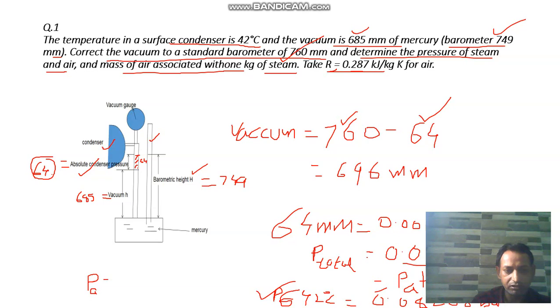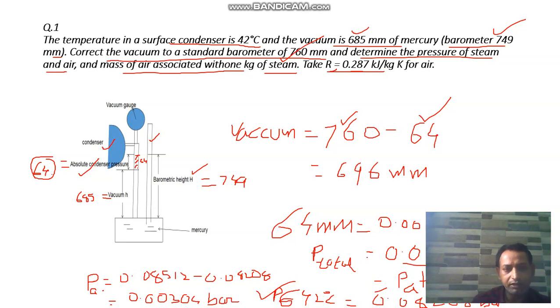So the air pressure is equal to 0.08512 minus 0.08208, which is equal to 0.00304. So this one is the air pressure.